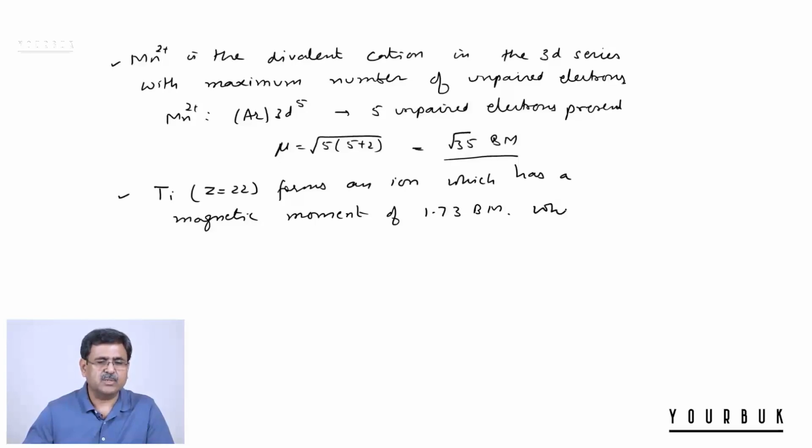And the question is, what is the symbol of this titanium ion? Now if you look at the titanium configuration, titanium atomic number is 22. Its configuration is argon 3d2 4s2. There are 2 unpaired electrons present.